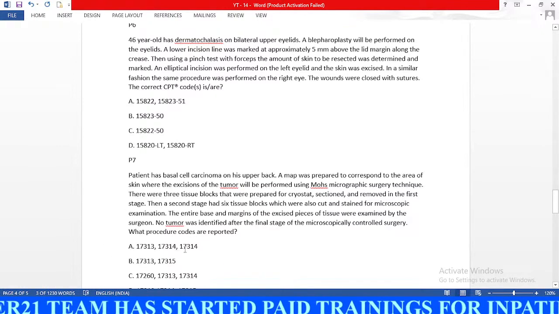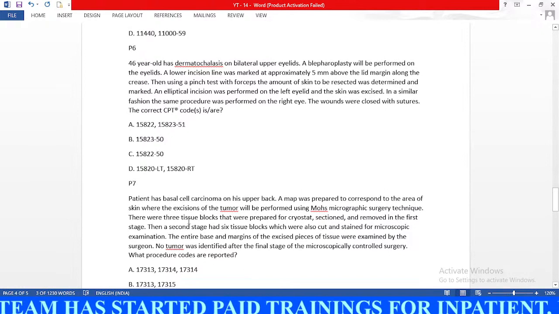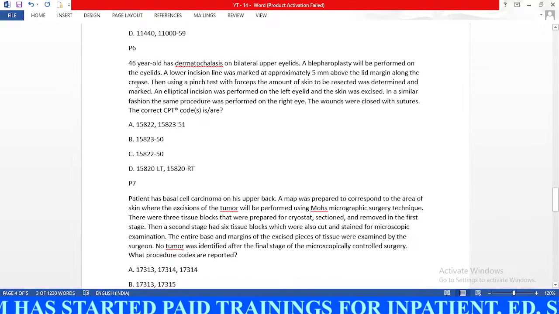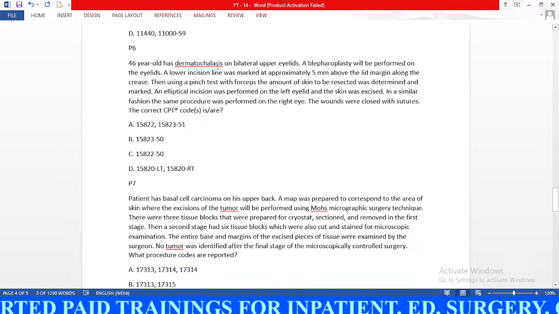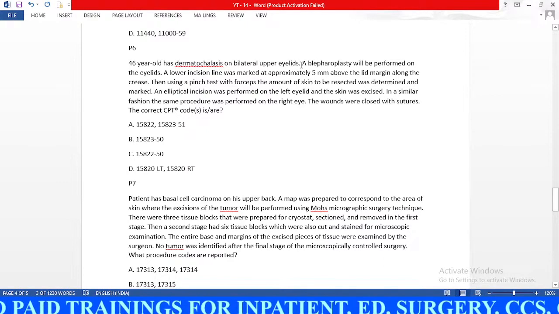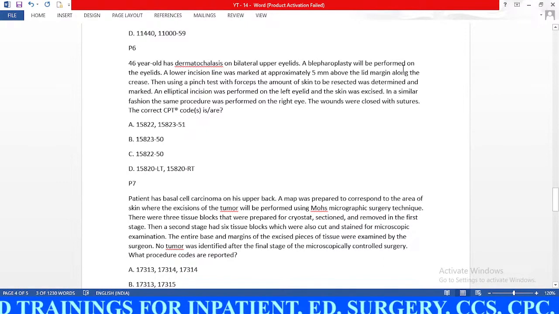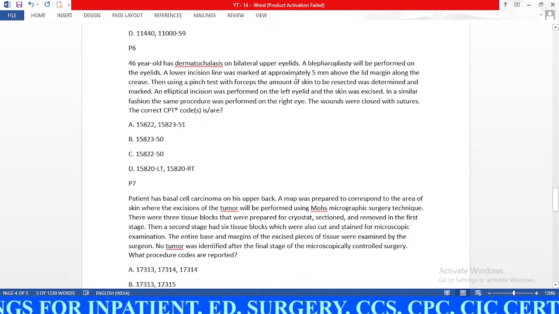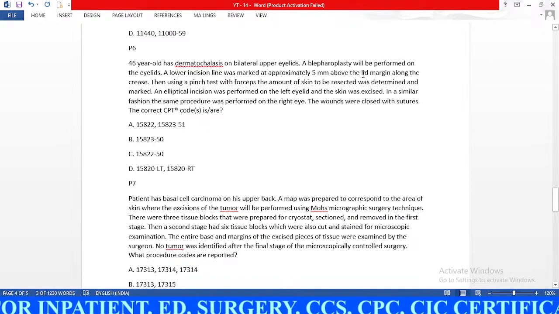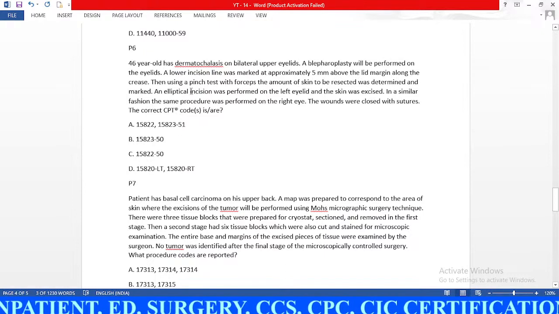Now we'll go ahead with question number 6 of the day. A 46-year-old has dermatochalasis on bilateral upper lids. A blepharoplasty will be performed on the eyelids. A lower incision line was marked at approximately 5 mm above the lid margin along the crease.